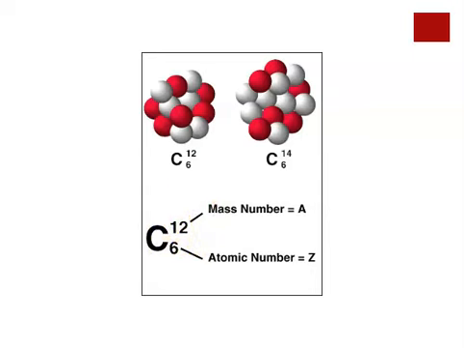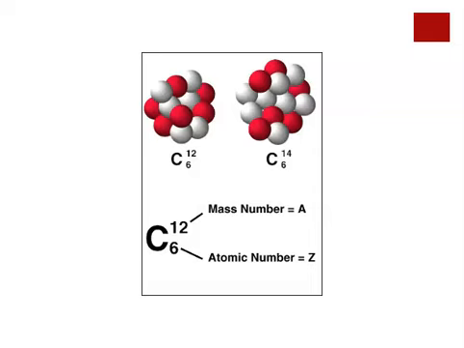Now, the other thing you can see on this slide is a different representation of a carbon atom shown over here on the right. And as you can see, this one has the same atomic number, but a different mass number. There are versions of elements on planet Earth that are referred to as isotopes of a particular element.